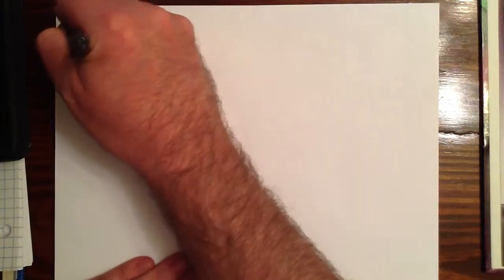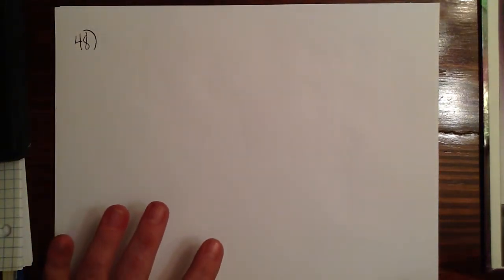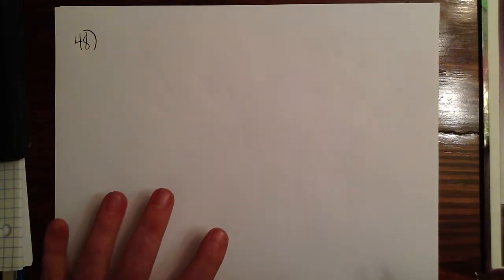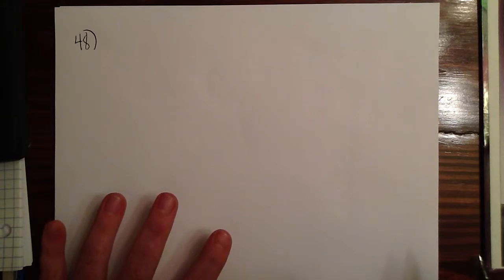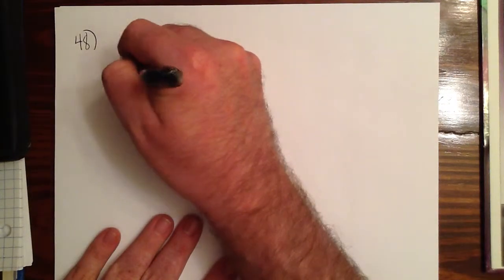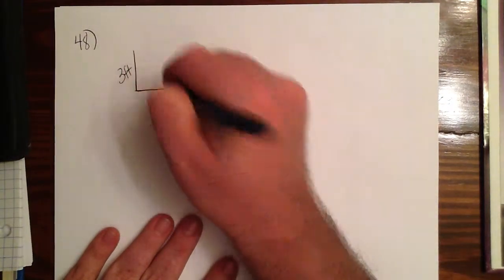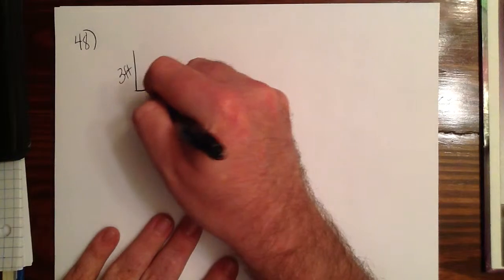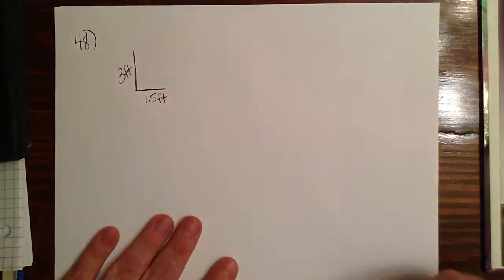Alright, number 48 says the largest known pyramid is the Pyramid of Khufu, I believe that says. At a certain time of day, a vertical yardstick casts a 1.5 foot long shadow. So a yardstick, which is 3 feet tall, has a shadow that is 1.5 feet.